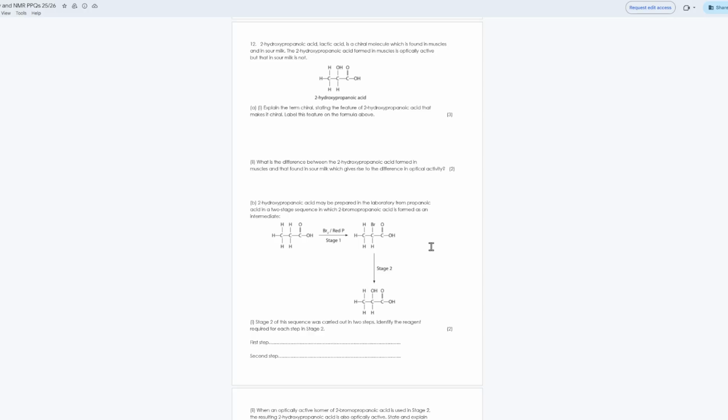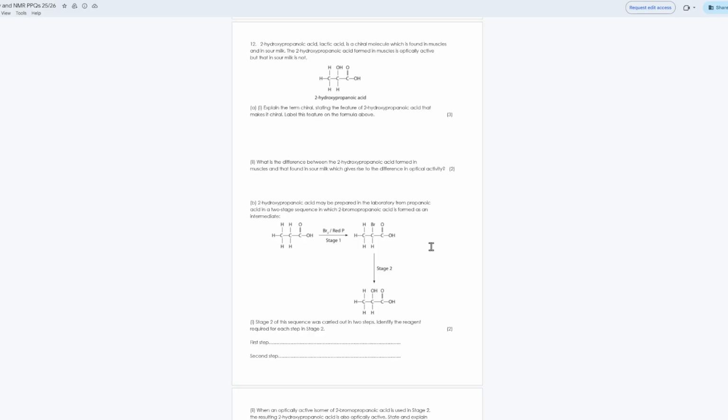That is going to be 1 mark. Now let's identify where the other 2 come from. So now I have to state the feature of 2-hydroxypropanoic acid that makes it chiral. That's another one, and then labeling it on the formula above is the third mark.